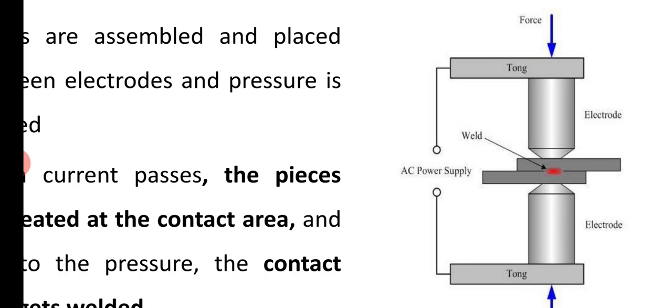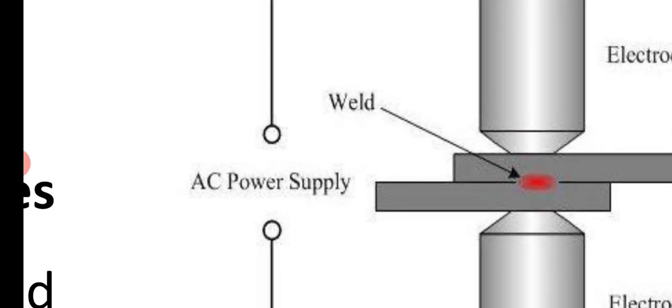In between the electrodes you have the two workpieces, and through the AC power supply you are circulating electric current, and a high force is being given at the tongs, or you are pressurizing that welded area.